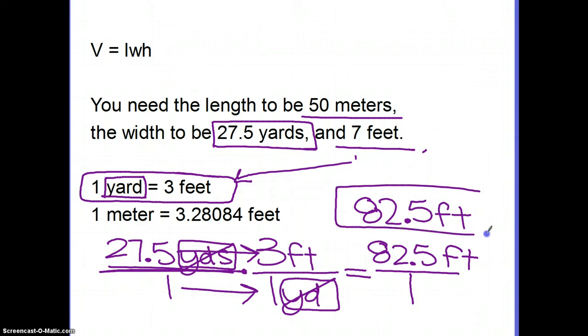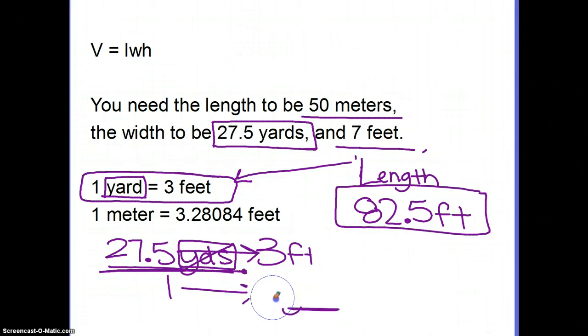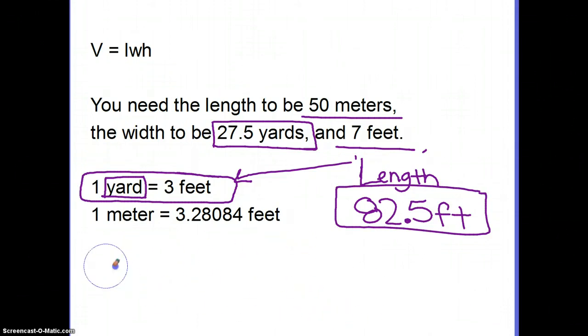So far, we know that the length of the pool in feet is 82.5. Okay, so now we have to take the next units we have, and we're going to do the same thing.